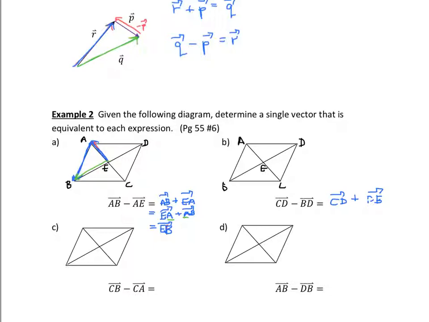Now again, when you are adding vectors, if these middle two letters match, then when you add these vectors together, the resultant will be the two outside letters, so CB. Now let's look at the picture and see if that makes sense. Vector CD is here, and if I want to add to that vector DB, that would be here. And so your resultant vector is CB right here. So that works.